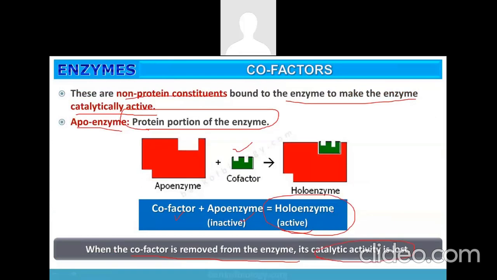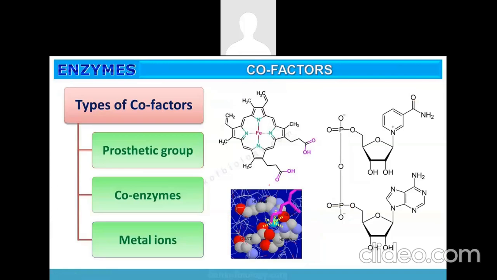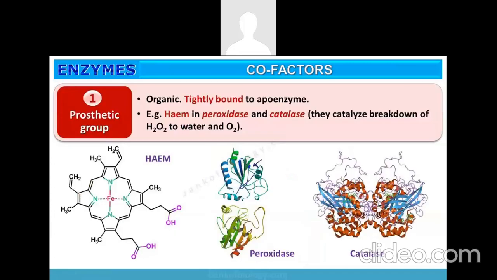When we are talking about enzymes, there is a concept called cofactors. These cofactors are non-protein constituents, so they are not enzymes, but they are bound to the enzyme to make the enzyme catalytically active. So if an enzyme has to be catalytically active, it is bonded to a non-protein constituent, and that is called a cofactor.